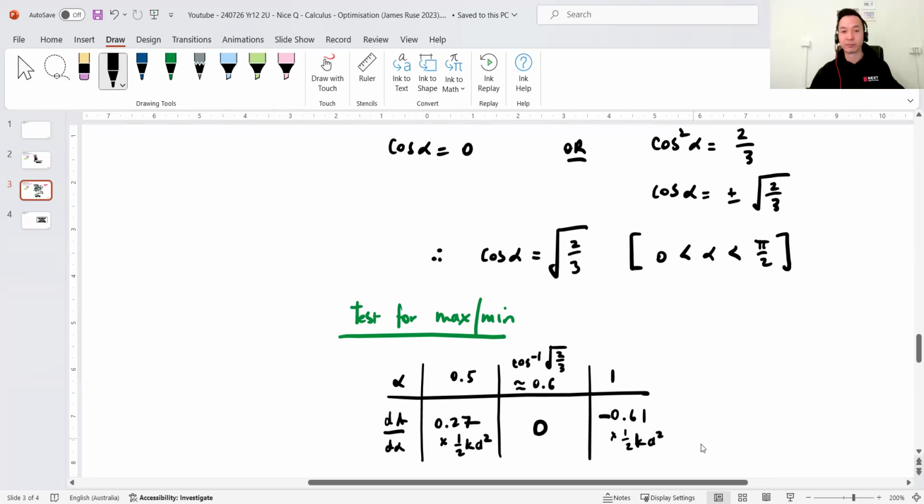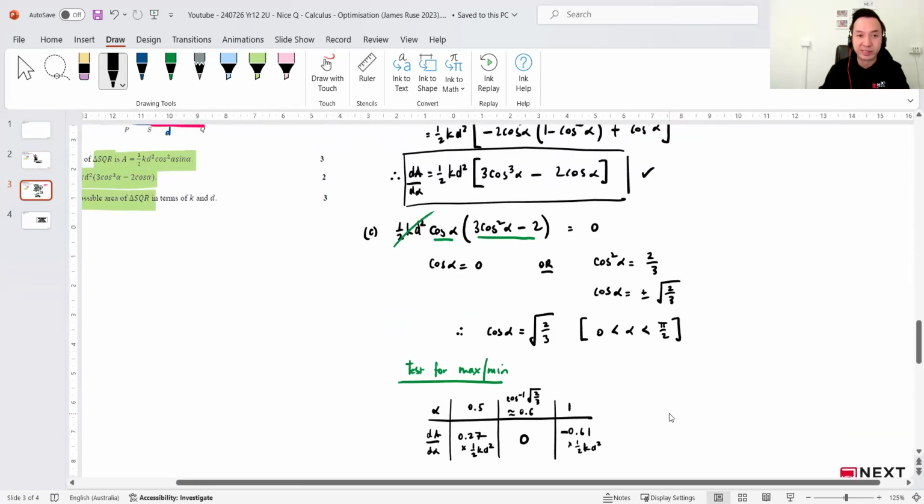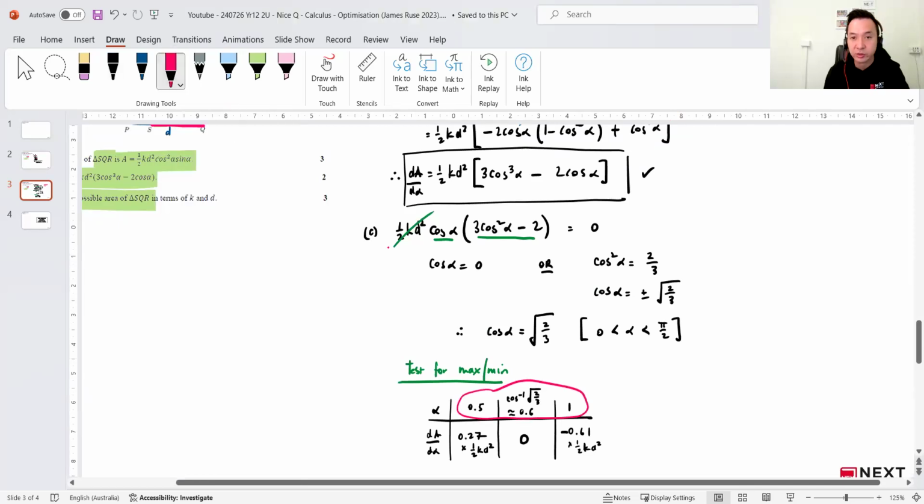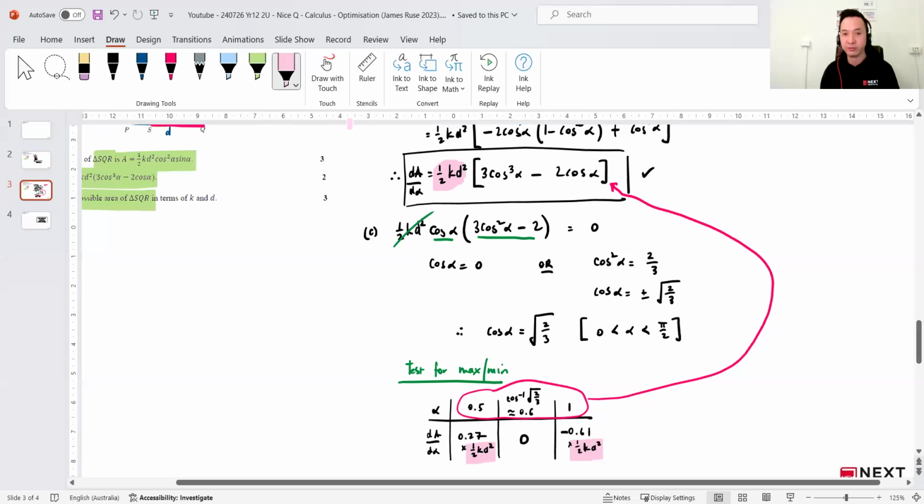What I'm trying to do is basically sub these values into the derivative, and there's always this half kd squared out here that I don't care about when I do these numbers. It's the value of subbing into the alphas that I care about. Now, what does that mean?